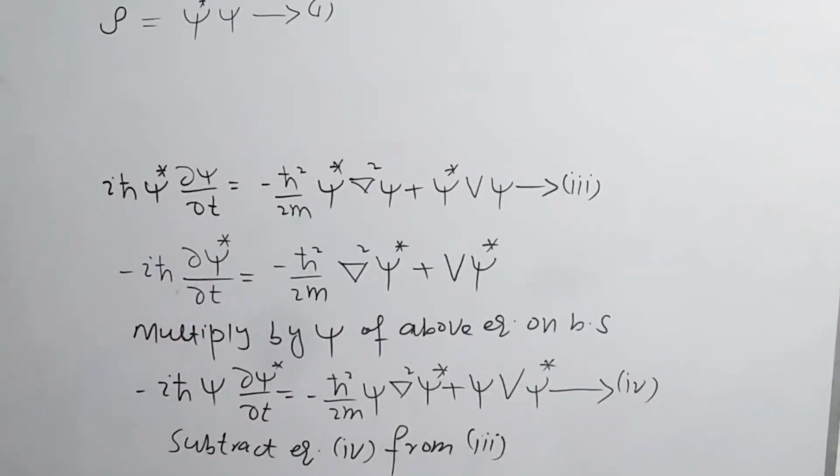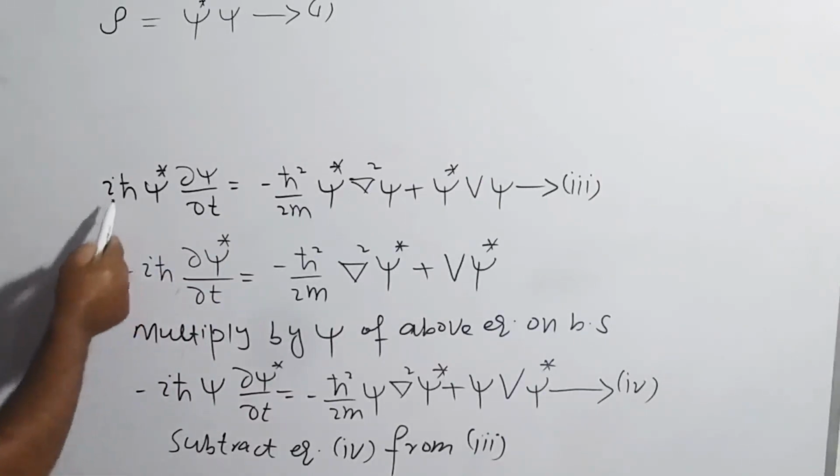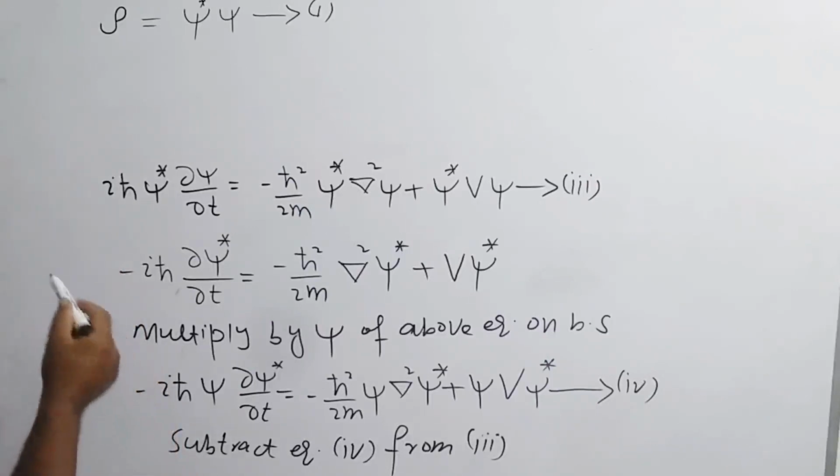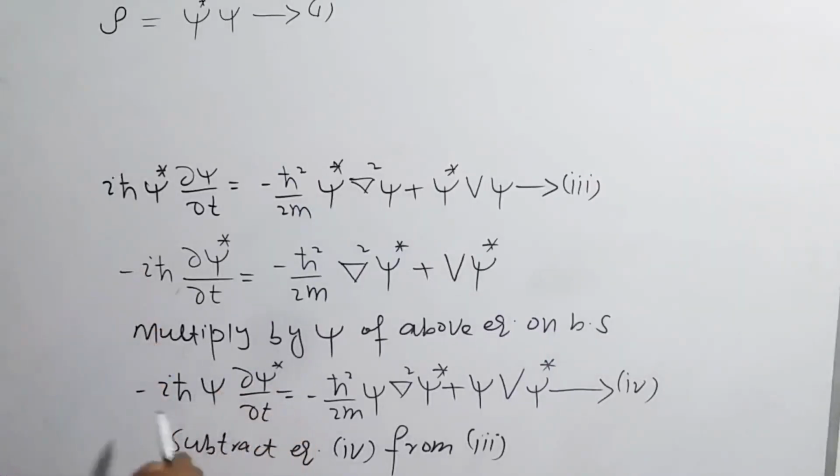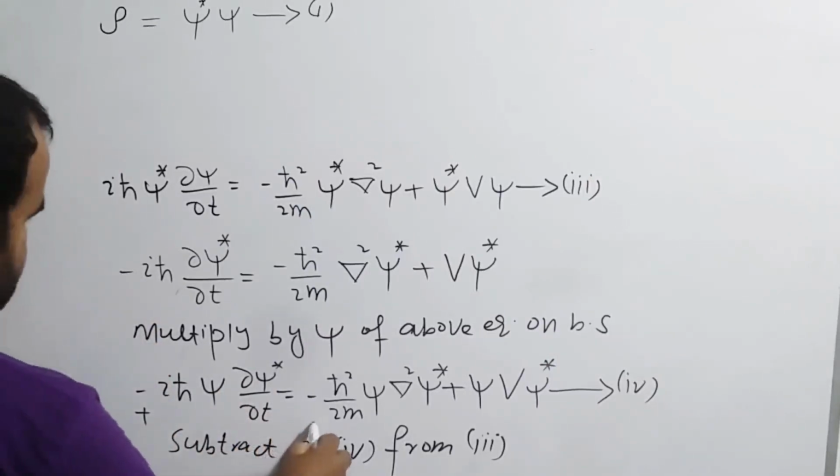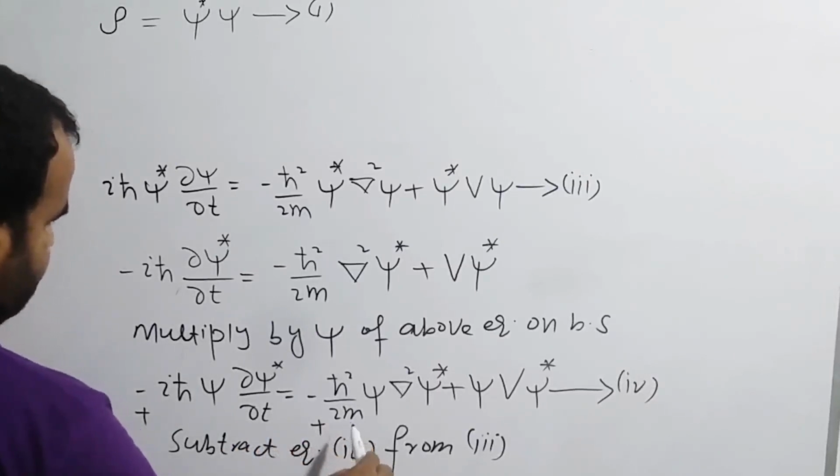So iota h cut is common in these two equations. After subtracting, it will be plus, and since this term is in minus, it will also be plus.